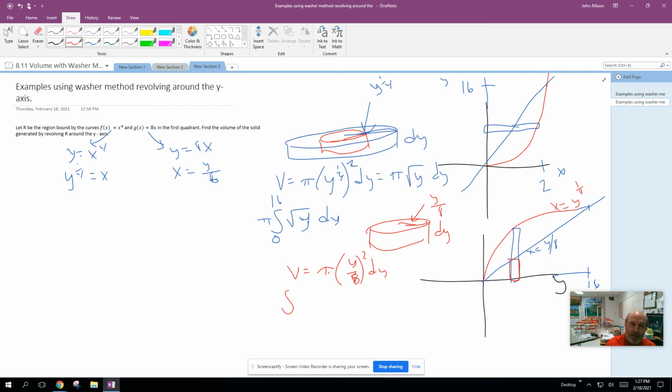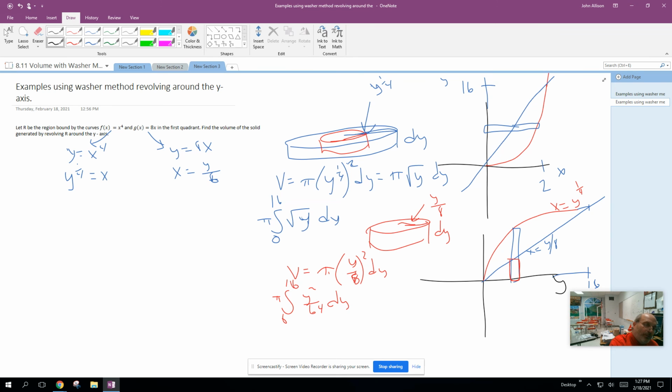And all of them together are going to be from y equals 0 to 16 again. And this is going to be pi on the outside because it's a constant multiple, and y squared over 64 times dy.